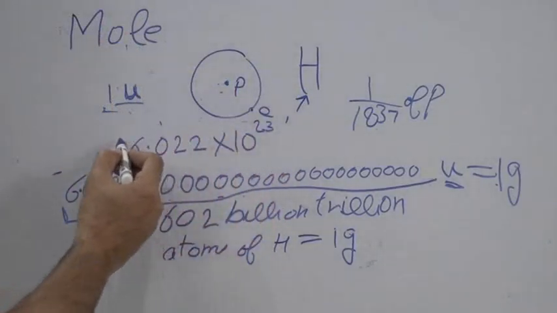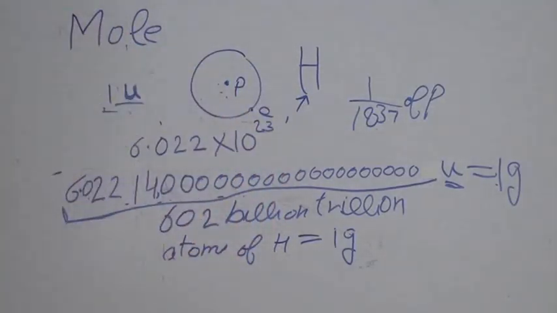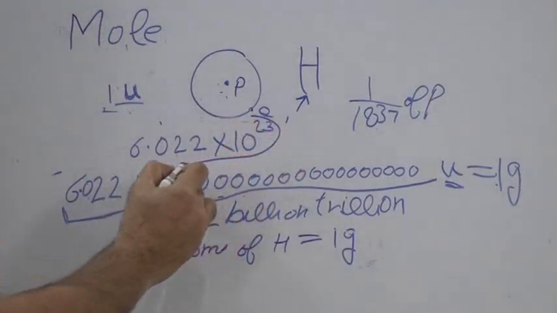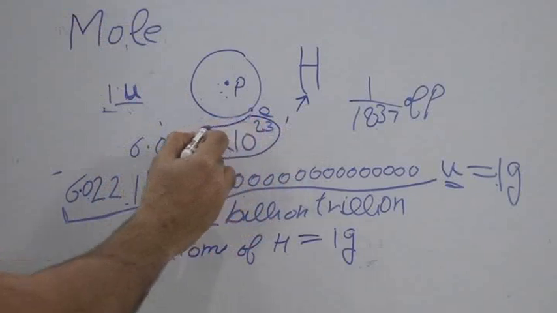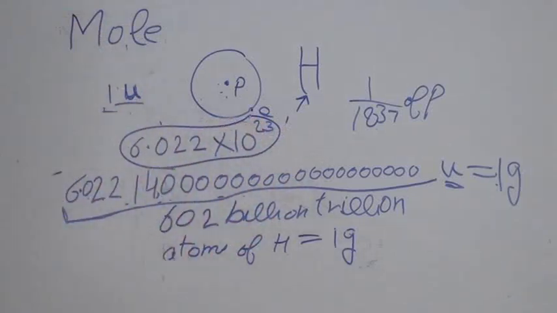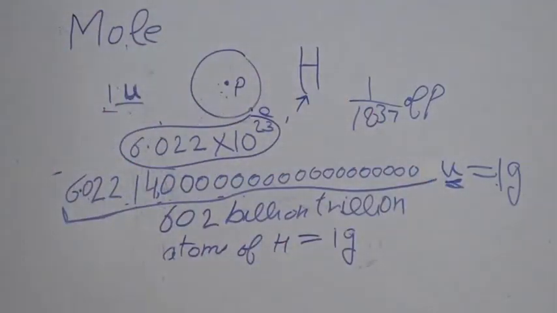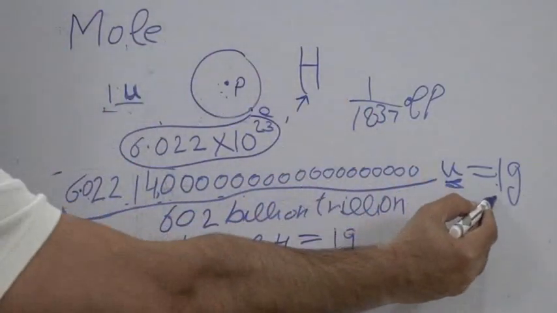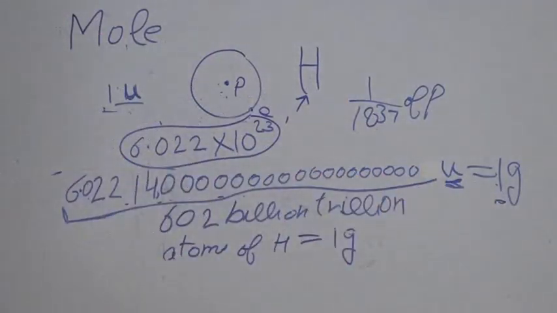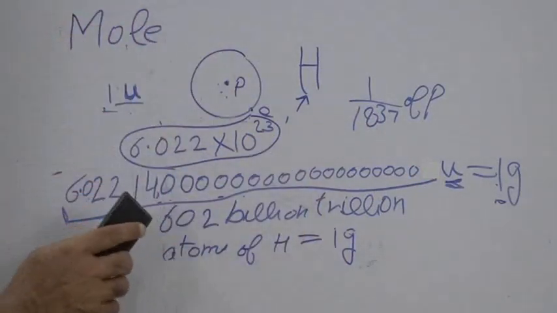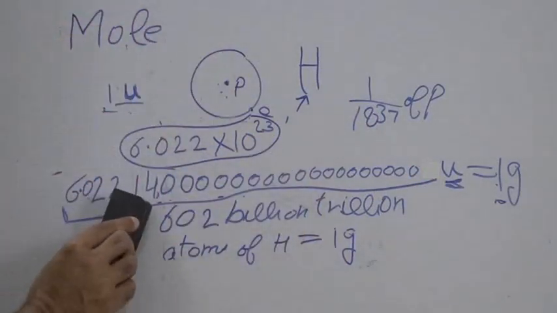This much number of hydrogen atoms, or of all those entities whose mass is 1 U, would weigh 1 gram. Is that clear? 602 billion trillion approximately. We have taken only up to this.